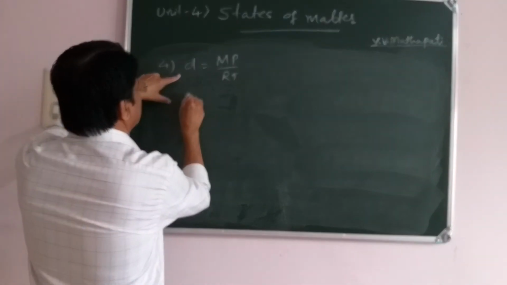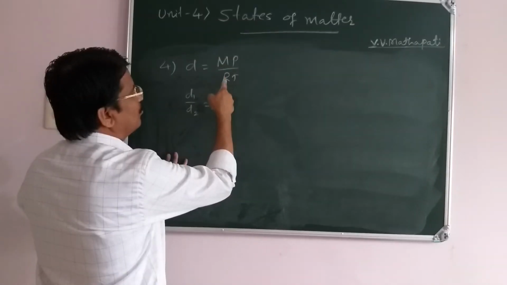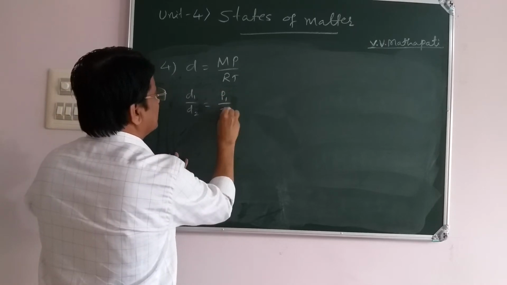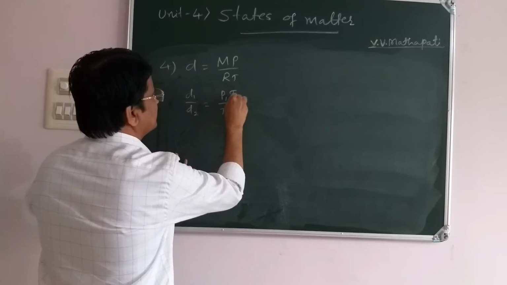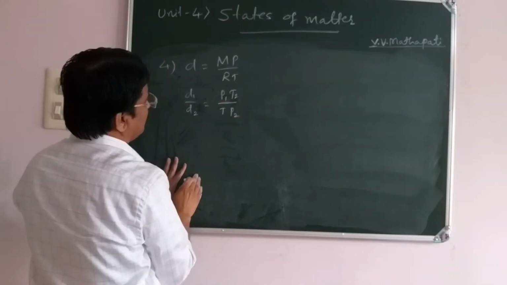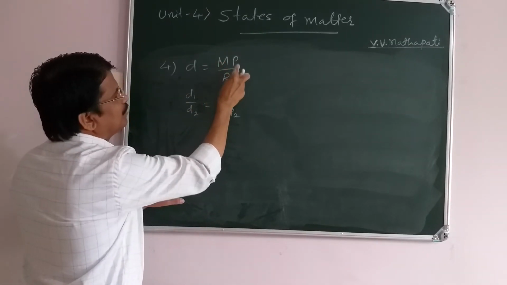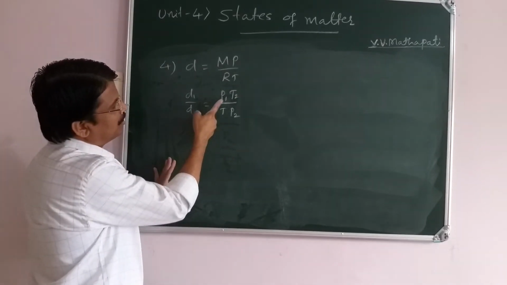D1 by D2 equal to M is common, R is common, P1 by T1 divided by P2 by T2. D1 means this one.